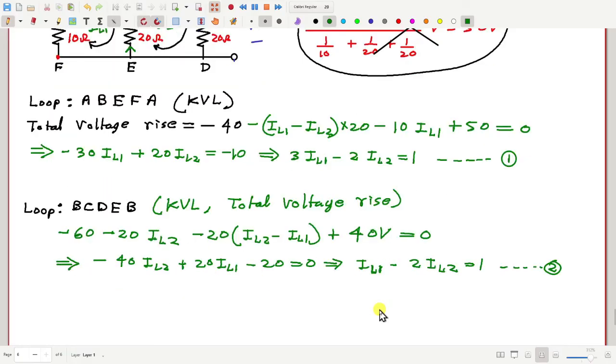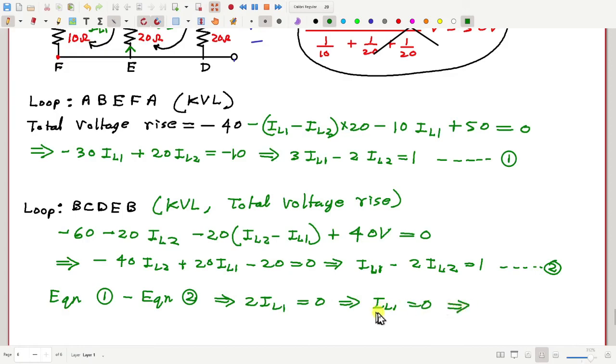How do we solve? If I subtract the equations, we get 2 IL1, then IL2 cancels, and the right side is 0, so that means IL1 is equal to 0.